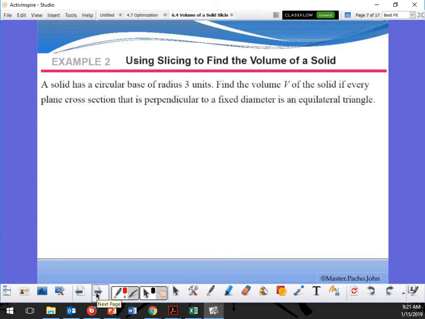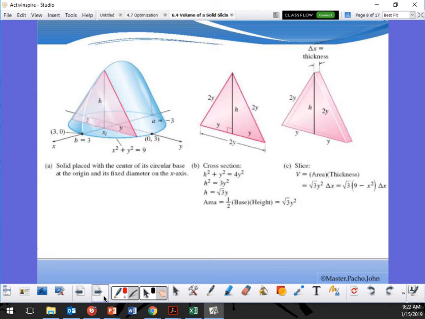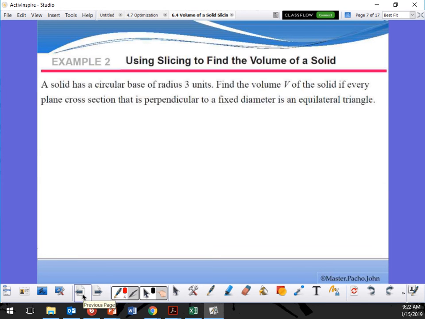All right. Slicing. Yeah, this is another one. A solid has a circular base, radius 3. So at the base, what's it across? 6. Okay, 6 all the way across, right?